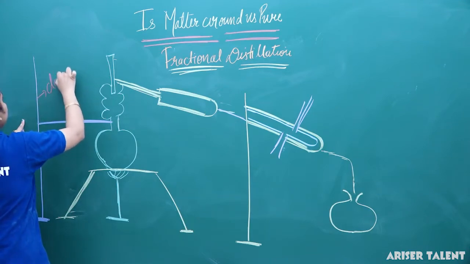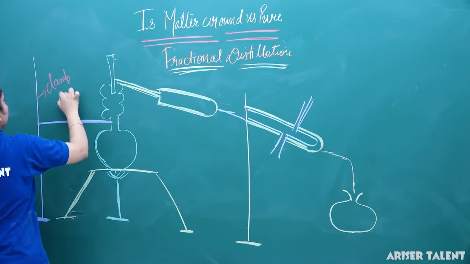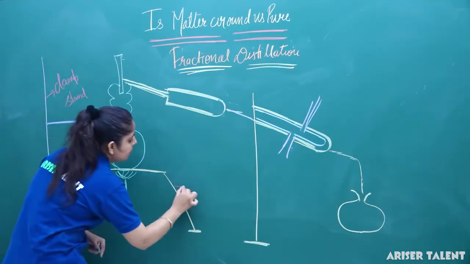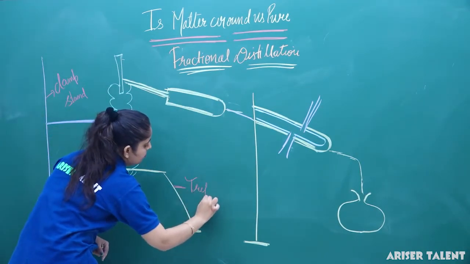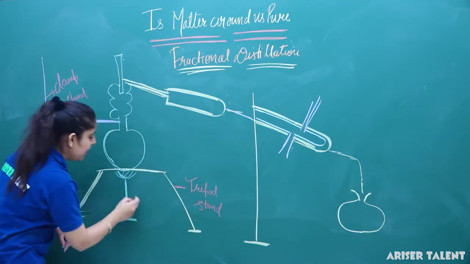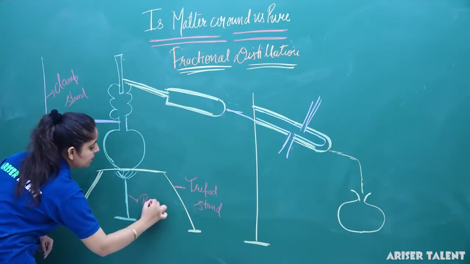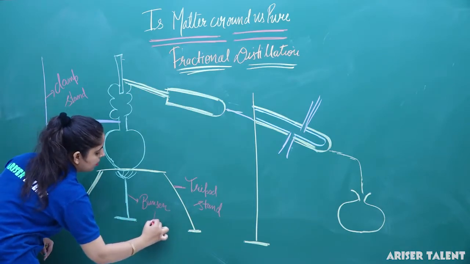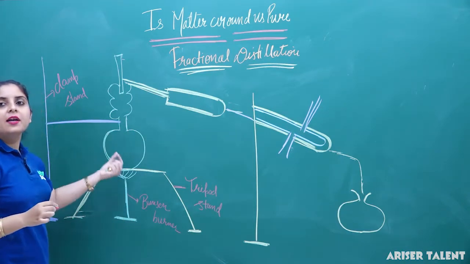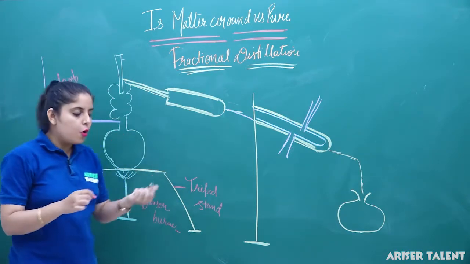This is the clamp stand. Then we have taken a tripod stand. Here we have taken a Bunsen burner. In this we have taken a mixture of ethyl alcohol and water.